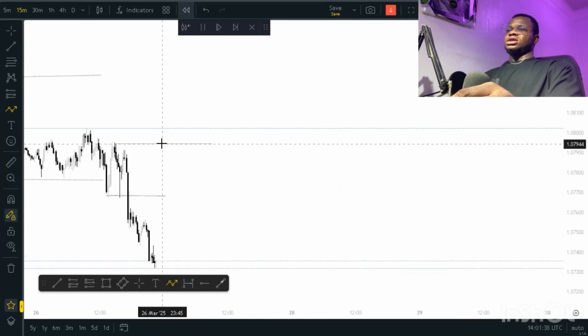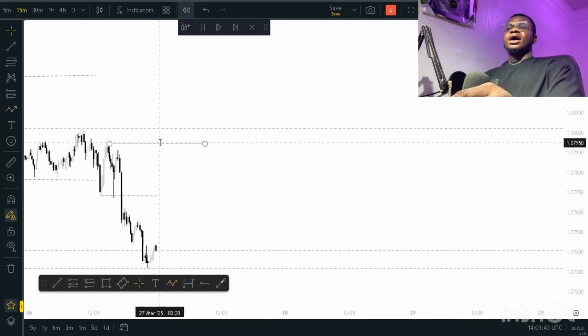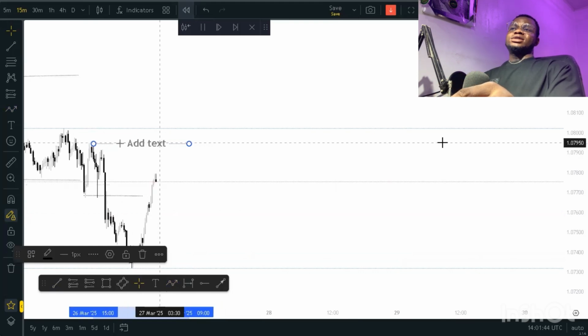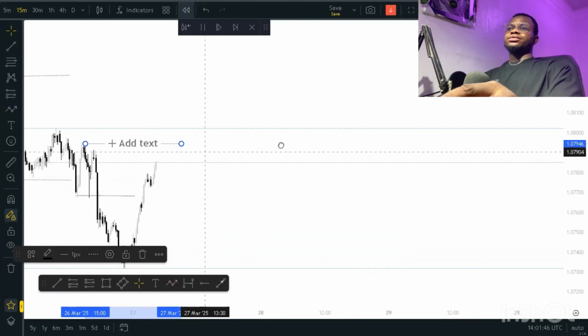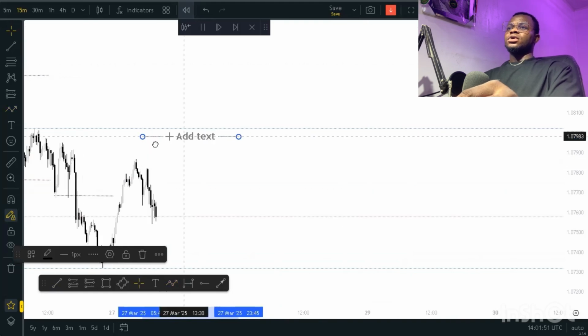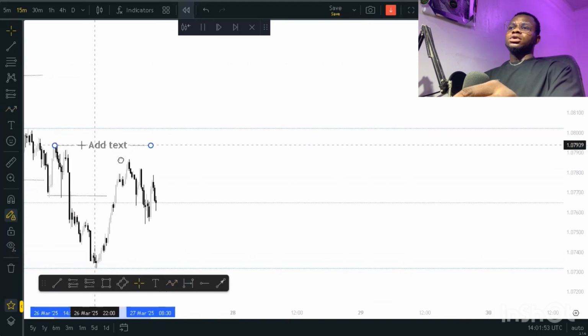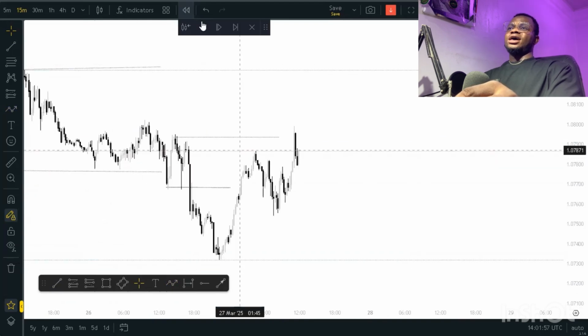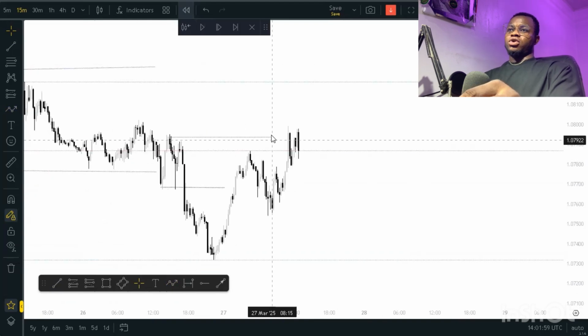So this is our lower high rather. This is our lower high, and price is currently reaching out to it. Okay. And price has just broken above it.